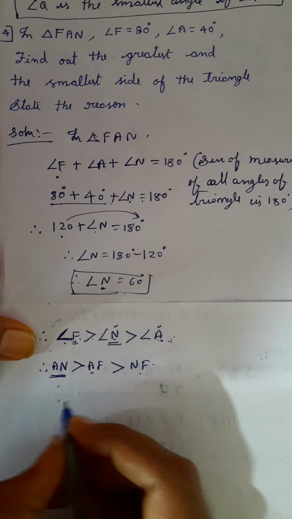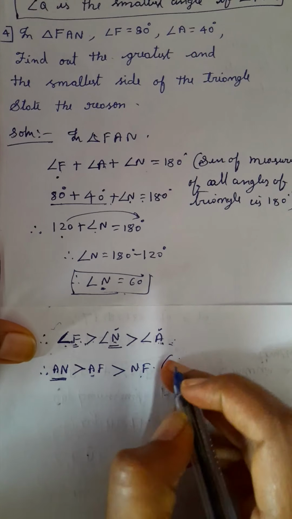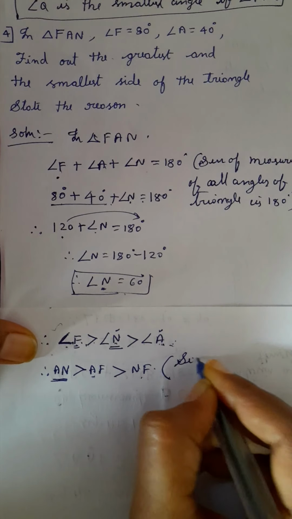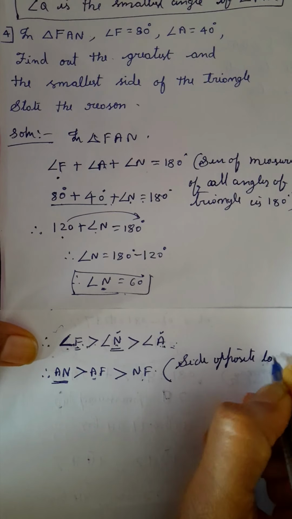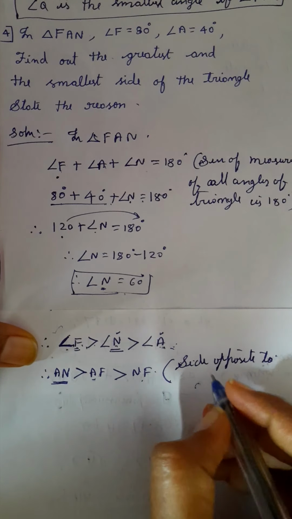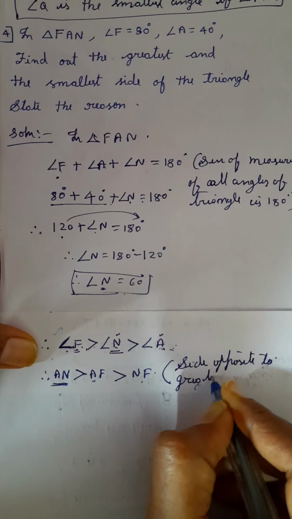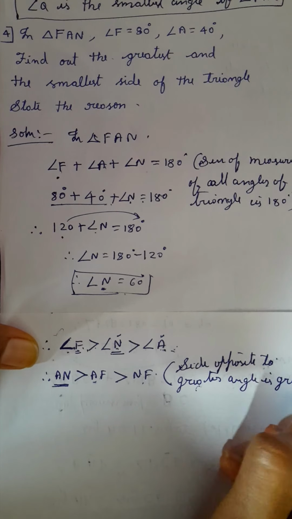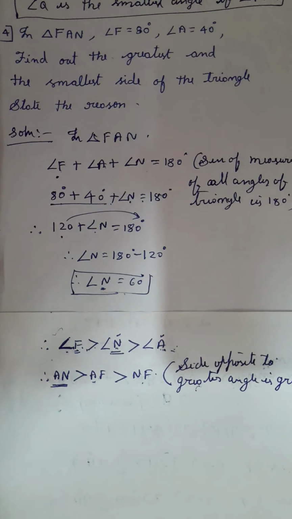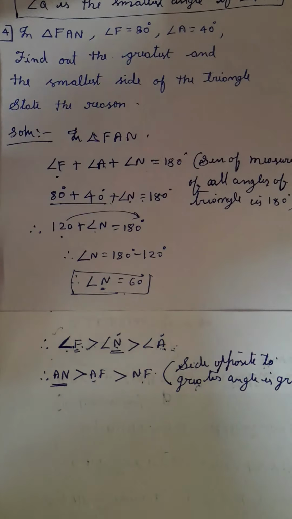AN. Therefore you can write here, it is compulsory to write the property: the side opposite to the greater angle is greater. The opposite side of the greater angle is always the greater length.